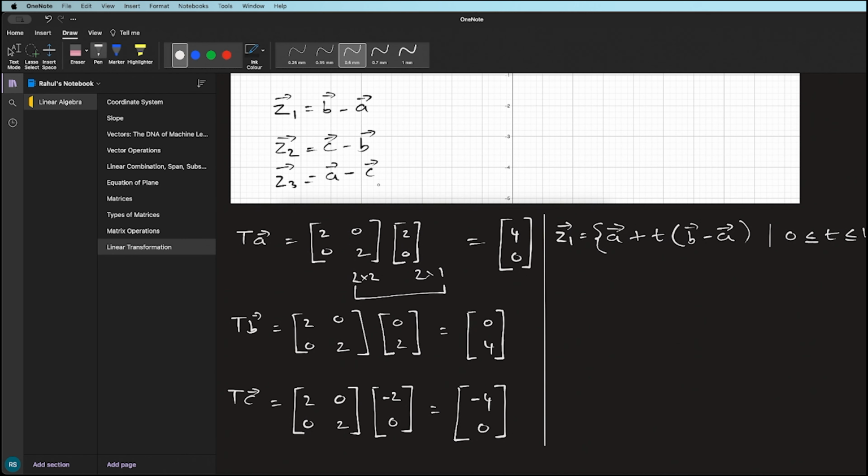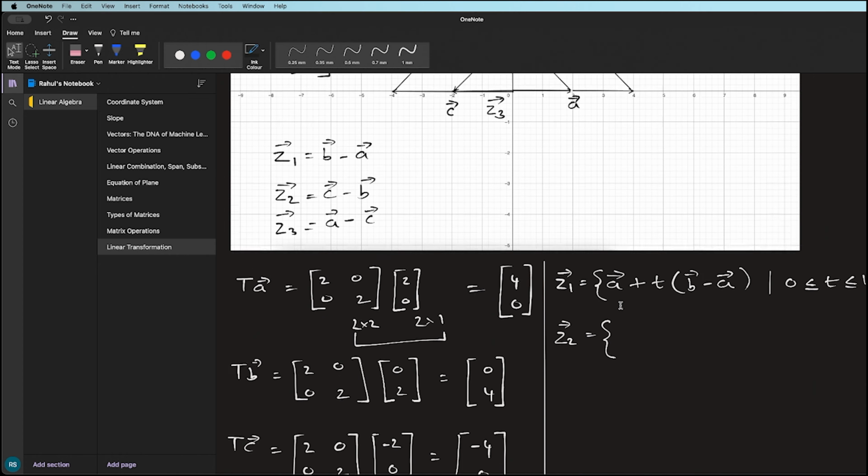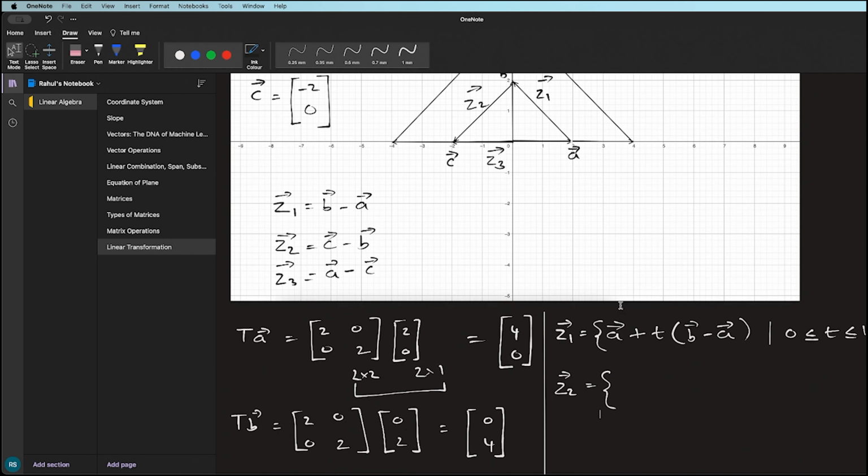Similarly, for z2, I can write vector b plus t times (vector c minus vector b), given t is greater than or equal to 0 and less than or equal to 1.